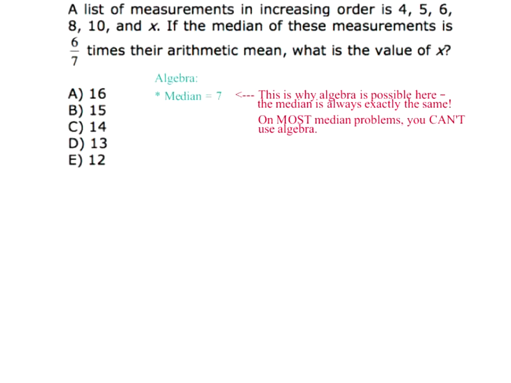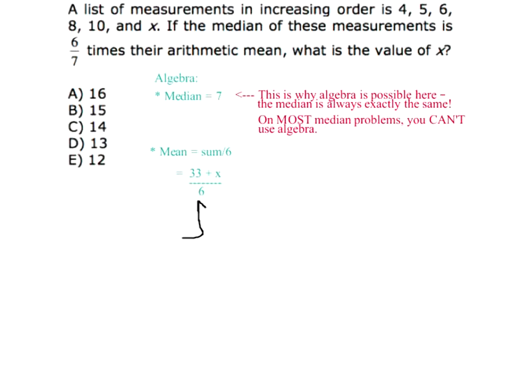So if you're going to do algebra, the median is 7, and then the mean is the average of those 6 numbers. So the mean is the sum of all 6 divided by 6. So that is 4, 5, 6, 8, and 10 adds up to 33 plus x, divided by 6. Then the way you would set the algebra equation up would just be: the median is 6/7 of this.